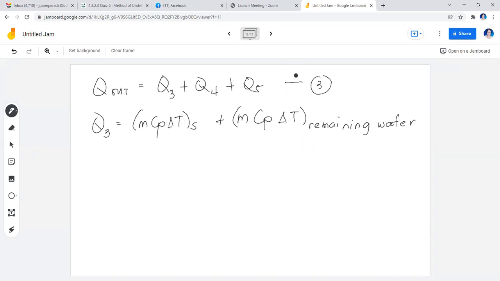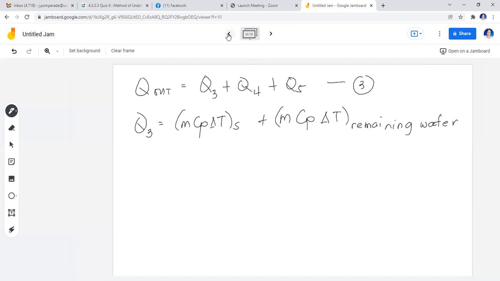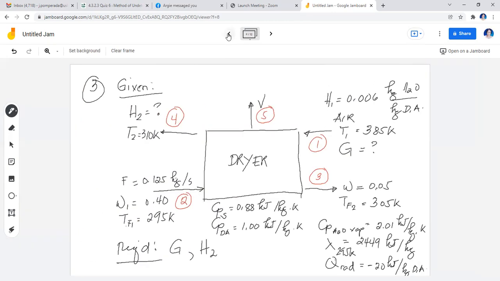Now, let's check. So if it's the CP of the remaining water, then I can do my usual thing in the previous equations wherein I just simply substitute MCP delta T because I do not know the amount of this remaining water. The only way I can determine this amount of remaining water is for me to first determine this particular amount based on this given here. So let's go back on the given.